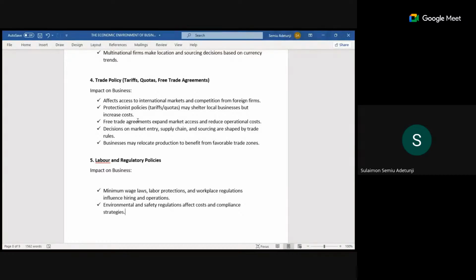When you know you cannot treat your staff anyhow, since you want to work within the regulations, within the law, the way you treat your staff, and the kind of influence you have on them, will be very minimal.